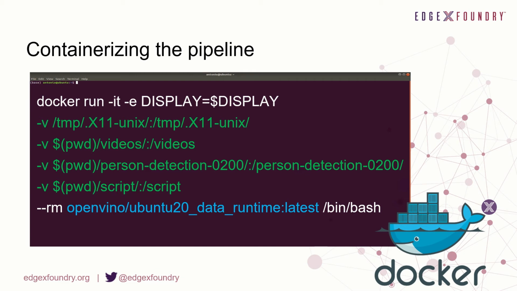Containerizing the pipeline. If you are familiar with Docker containers, you can use the official Docker image for OpenVINO, which includes DL Streamer. So if you want to run the previous command inside a Docker container, this is what you need to do. First, you do docker run with an interactive terminal, and then you pass the environment variable for your display. Then the commands in green, you are mounting volumes inside the Docker container.